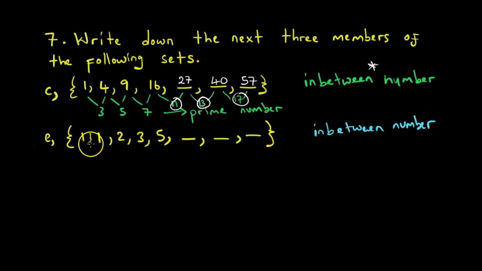So we take the next number subtracting the number before it. So 1 minus 1 is what? It is 0, okay? 2 minus 1 is 1, okay? 3 minus 2 is what? It is 1, okay? And 5 minus 3 is what? It is 2.